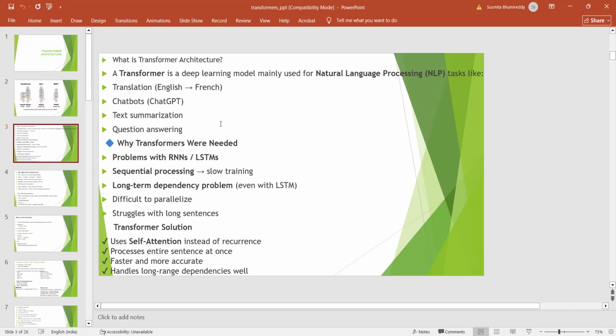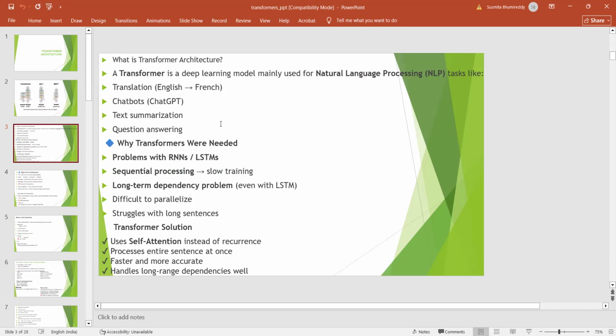So why were transformers needed? Earlier we had some neural networks, like recurrent neural networks and LSTMs. What is the problem with RNNs and LSTMs? They process data sequentially.